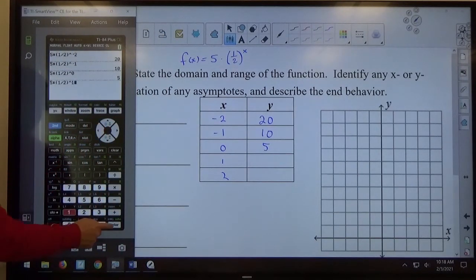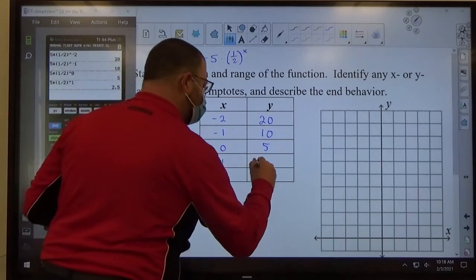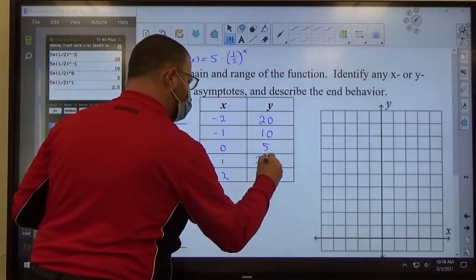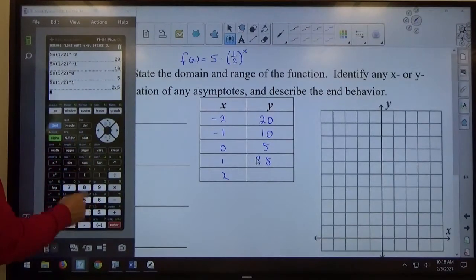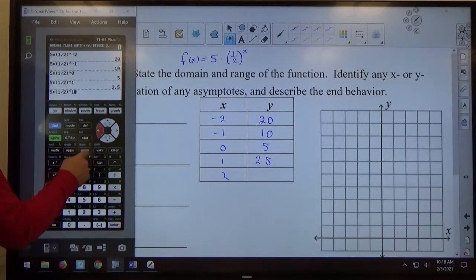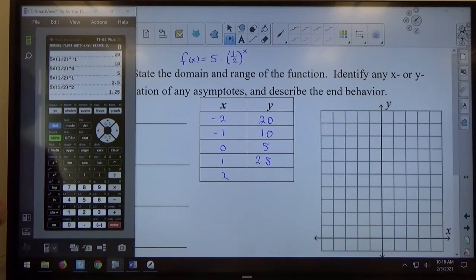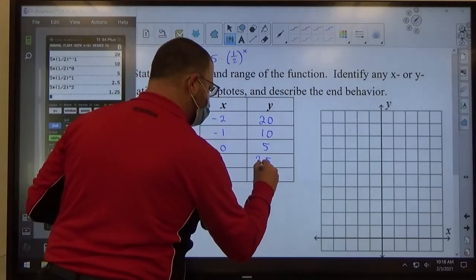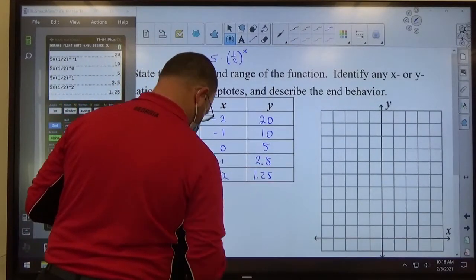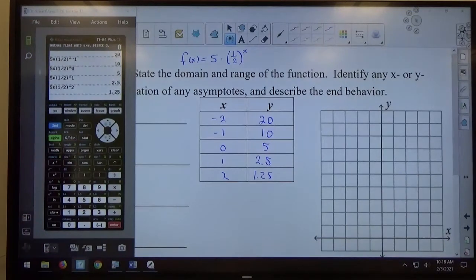Make this a 1. That's 2.5. And then make this a 2. Right. Now there's my points.